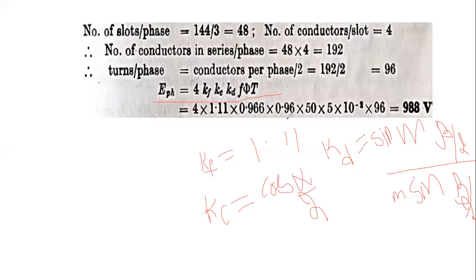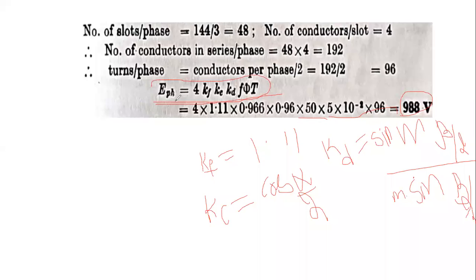That is the Kd value. Then frequency is 50 Hz, and phi is equal to 5 into 10 power minus 2, and T is the number of turns, that is 96. Then we obtain the E phase value. This is the phase voltage. Clear, ma? If we remember those formulas, then we can easily calculate the E phase value.